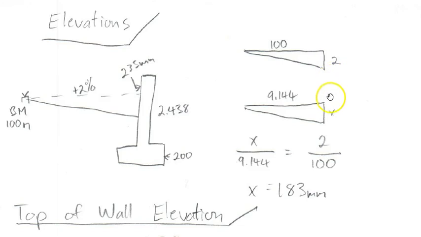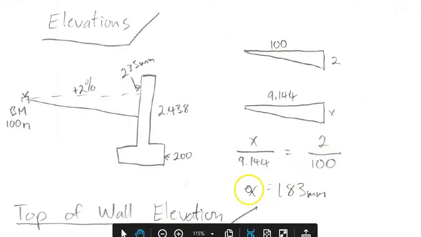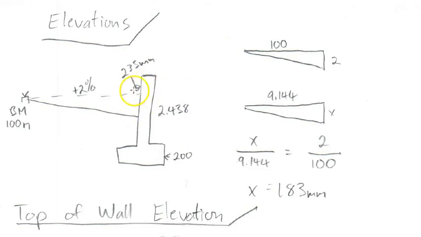And you can see the proportional triangles. The 2 would be opposite the x, and 100 as in 100% will be opposite the setback. So to find x, we're just going to cross multiply and divide, and we find out that x is 183 millimeters higher than our benchmark. So that's the first step.